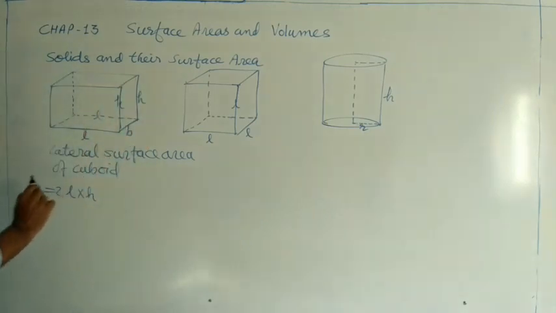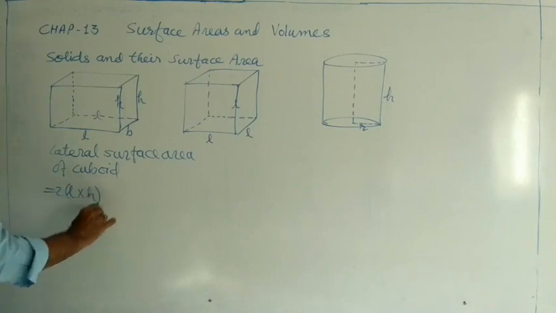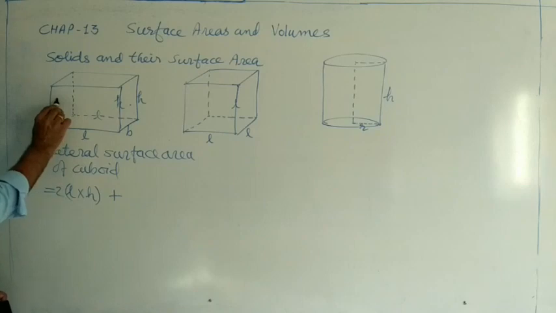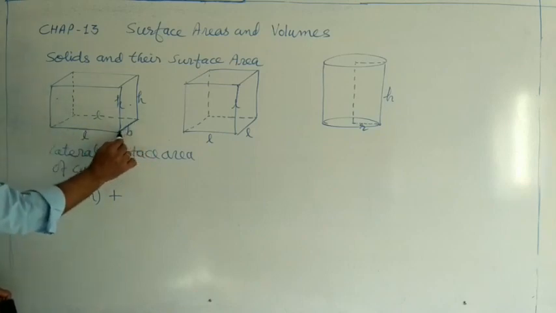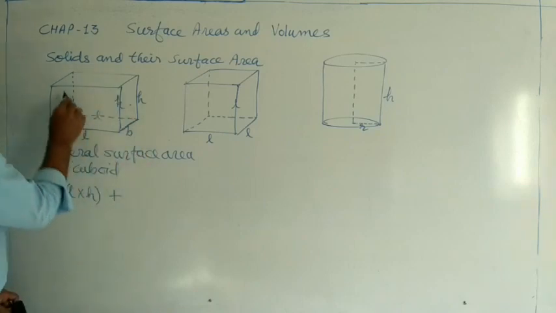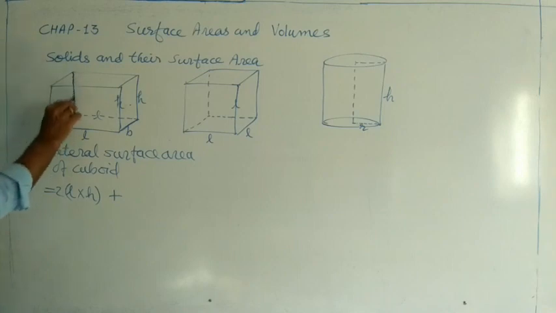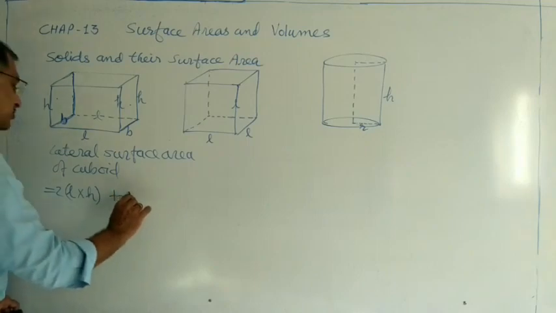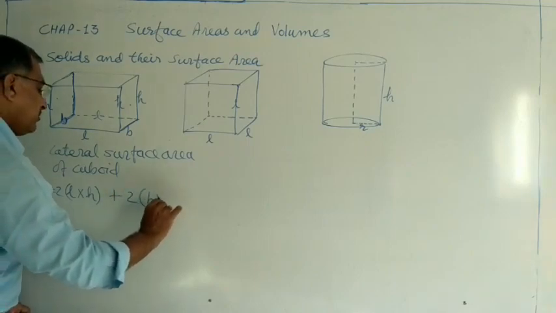So here length into height 2 times, plus the area of this surface and this surface, that is breadth multiplied by height, and in the same way here also this is height and this is breadth, so the area of this also is breadth into height, so 2 times breadth into height.